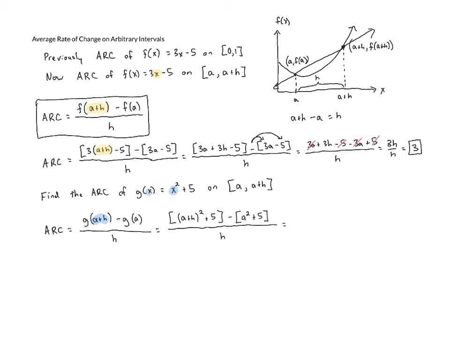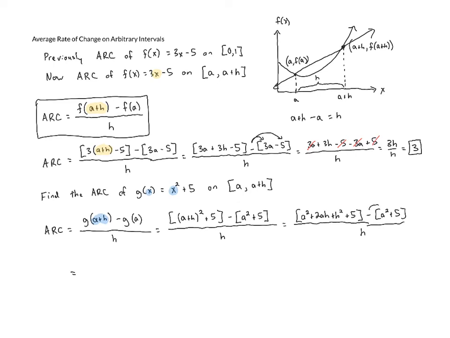Now we have to multiply out a plus h squared. That's a plus h times a plus h. You can FOIL that, or you can recognize that it's a special product. A squared plus 2ah plus h squared. And then, of course, plus 5. And then minus a squared plus 5 all over h.